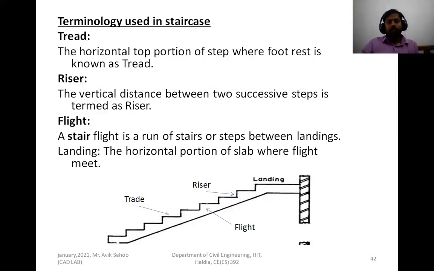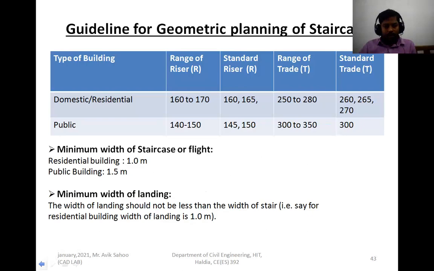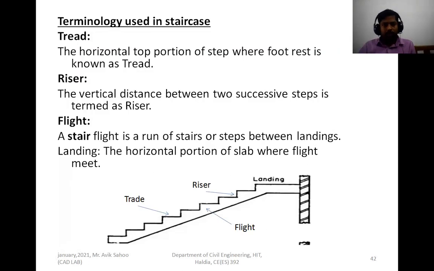For the planning of a staircase, you must know the different terminology used in a staircase. The first is the tread, which I already discussed. The horizontal top portion of the step where the foot rests is known as the tread.